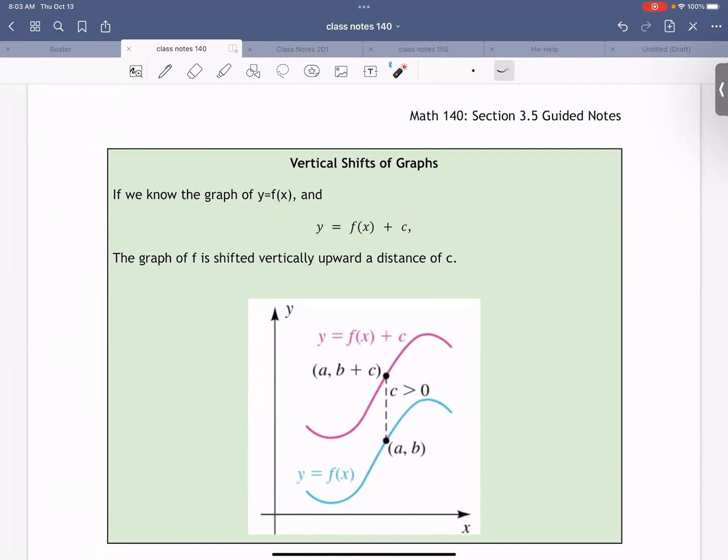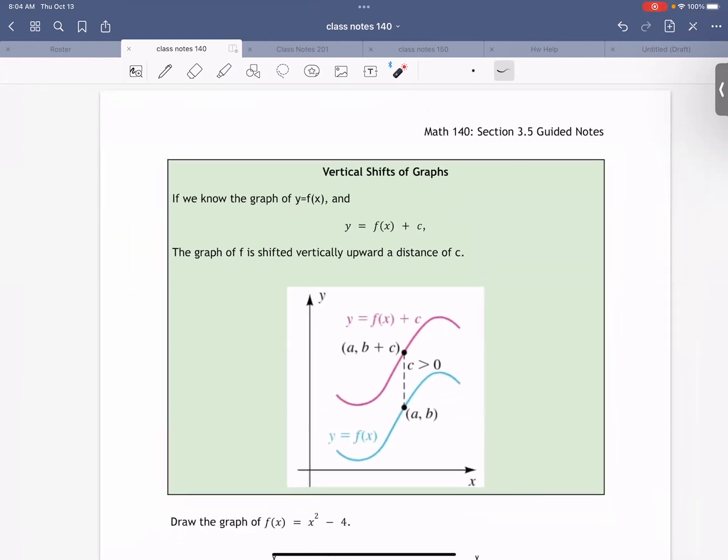Okay, and I take my function that I already know how to draw, and I add something to it. So I take this function and I just tack on +4 or +5 or +6, okay? What this means is we're gonna take the original graph and we're gonna shift every single point up however many blocks I added to it, okay?